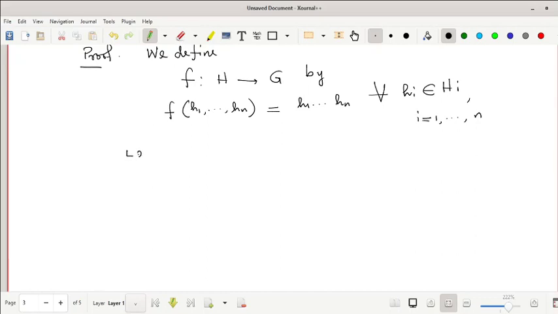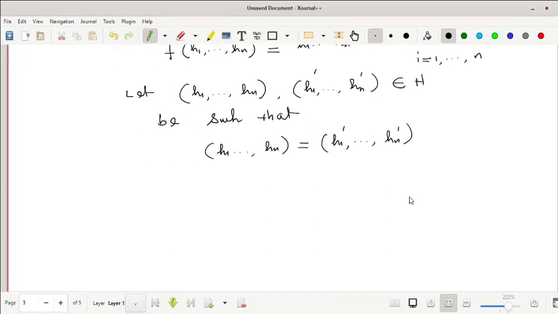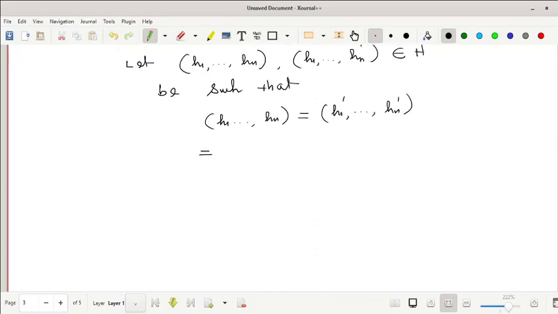So let (h1, h2, hn) and (h1 prime, h2 prime, hn prime) belong to H be such that they are the same. If they are the same, then component wise also they are the same.